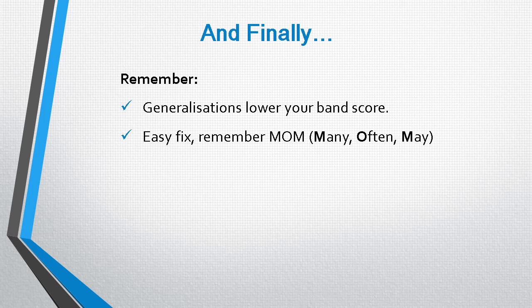Often reminds you of the adverbs of frequency, which are occasionally and sometimes, and may should hopefully remind you of modal verbs such as can and could. So remembering the acronym MUM will hopefully stop you from writing generalizations in your essays.